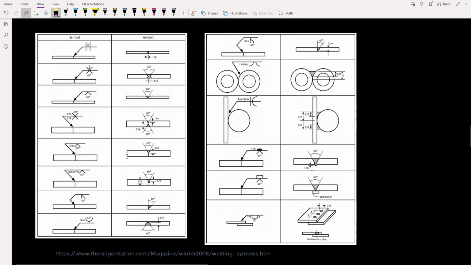Now let's briefly look at some other types of welds. And actually, with the exception of the plug or slot weld here on the bottom, all of these are groove or butt welds. Starting with the square weld here. This is when we have two parallel pieces that we're joining together, and we have just a simple square weld between the two.